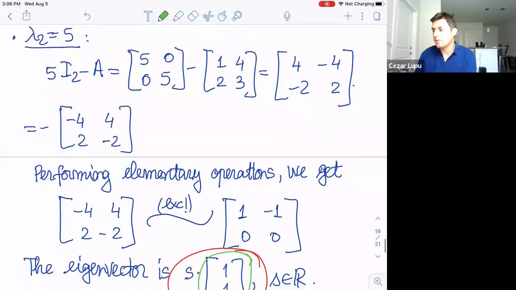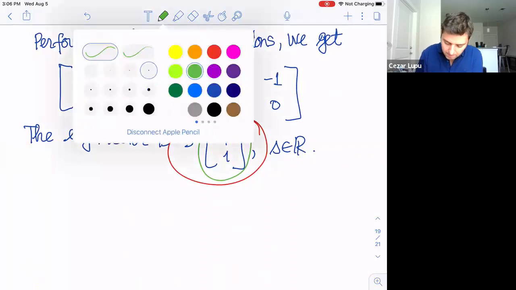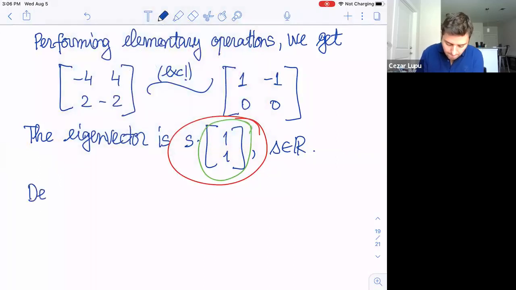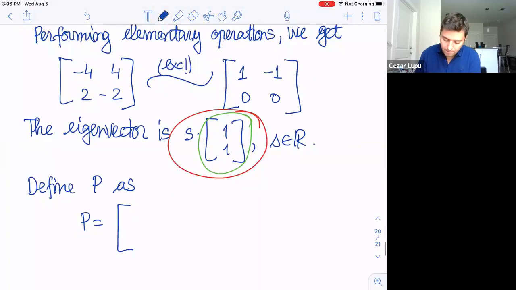And now we form the matrix P. So we define P as the matrix whose columns will be the eigenvectors. In other words, the first one was -2, 1, and the second one was 1, 1.